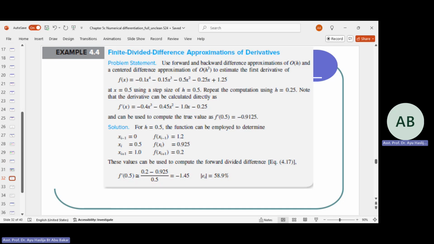Now for this question, it asks you to use forward and backward approximation of level 1, and a centered difference approximation, level 2, to estimate the first derivative. So this question clearly mentioned first derivative, so f prime x.